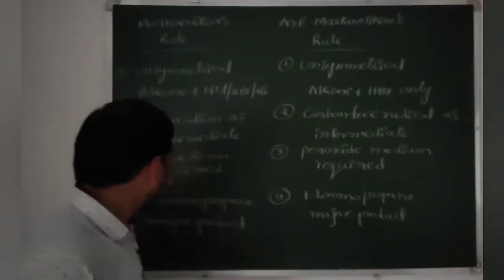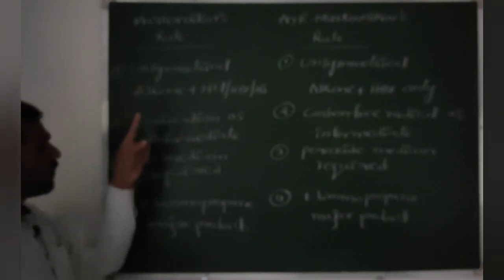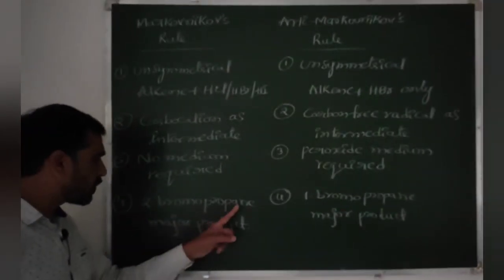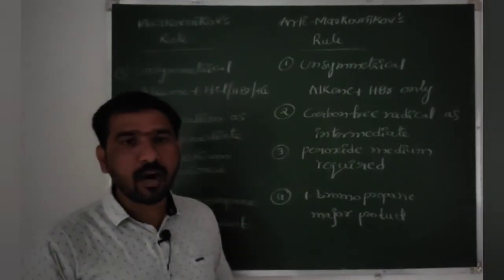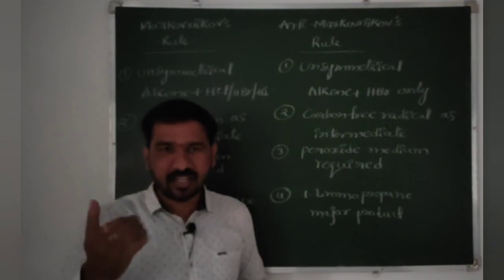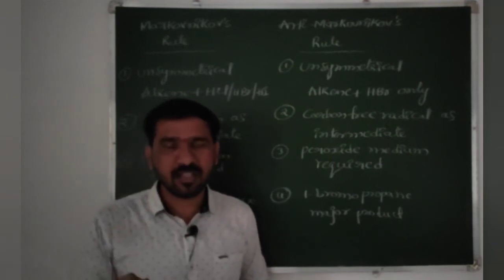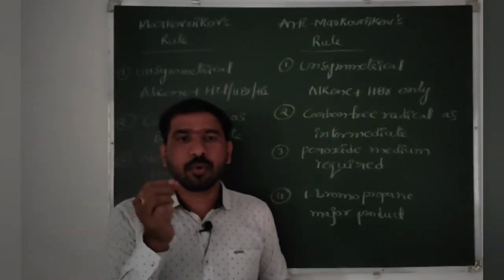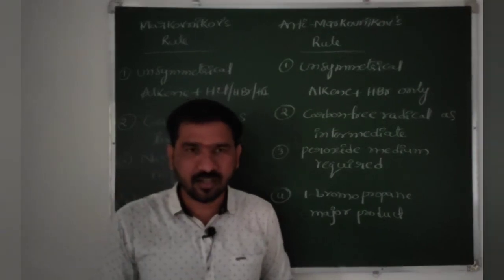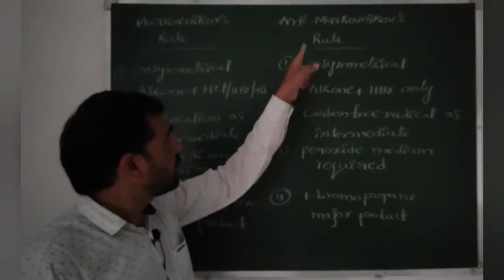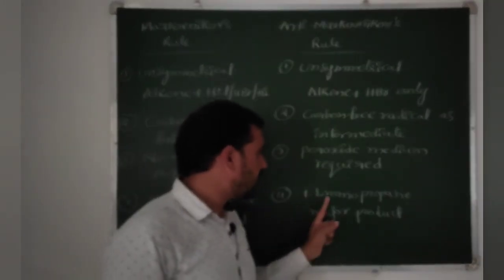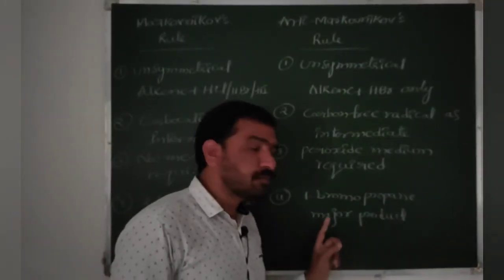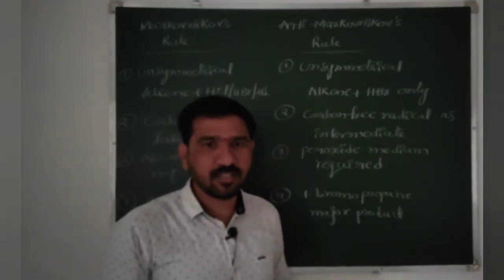Is it clear? Then coming to the fourth one, under the Markovnikov rule, 2-bromopropane is the major product. This fourth point is applicable when the reactant or substrate is propene, which is an unsymmetrical alkene, right? Then under the anti-Markovnikov rule, the fourth point is 1-bromopropane is the major product. Is it clear?